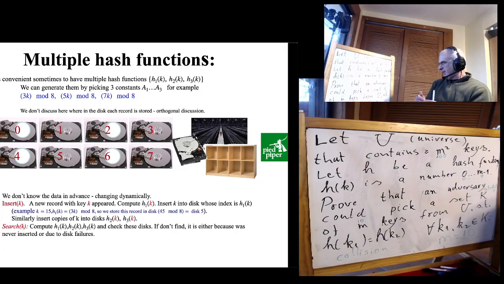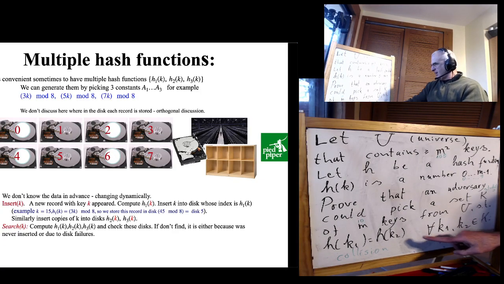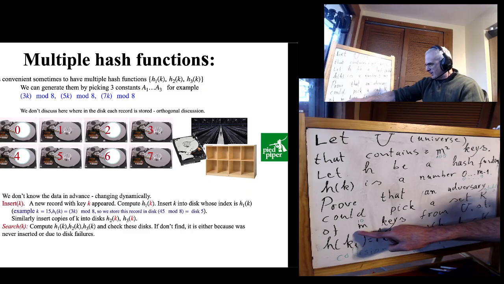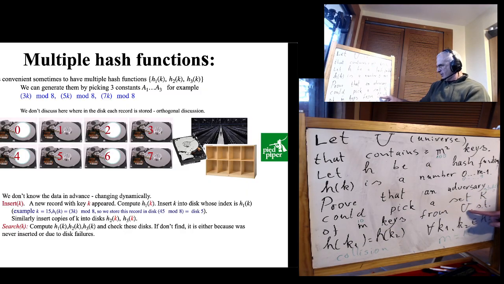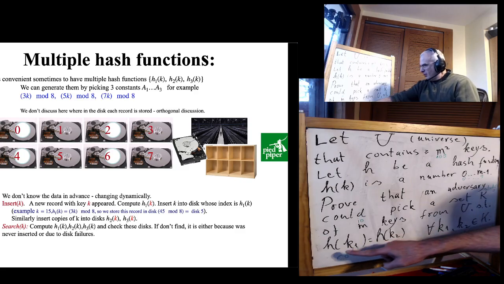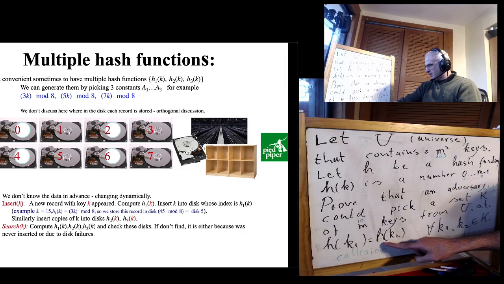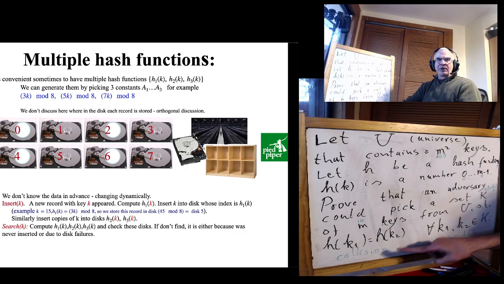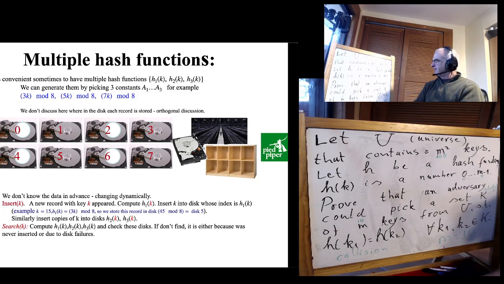The adversary claims that he or she can always pick a set of 10 keys from the universe such that not only are there collisions, but everybody collides with everybody else.